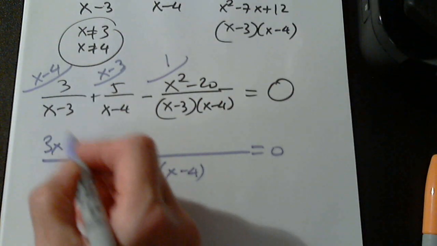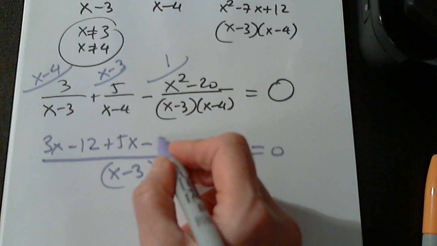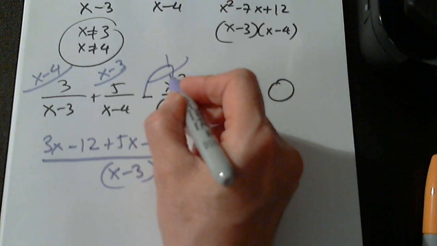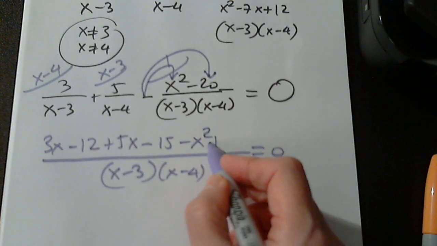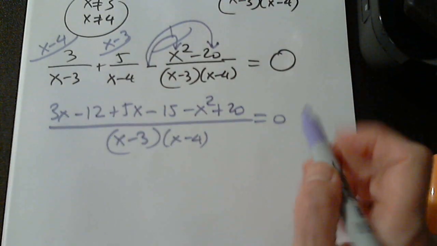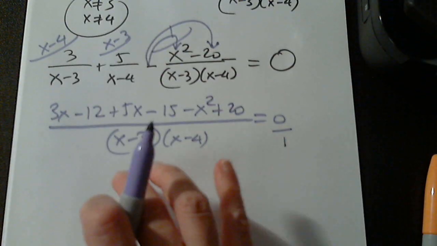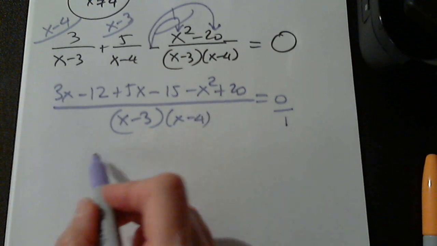3x minus 12 plus 5x minus 15 minus x squared minus negative 20. Cross multiply because this is over 1. This times this equals this times this. So the numerator has to be 0. Careful, in descending order.